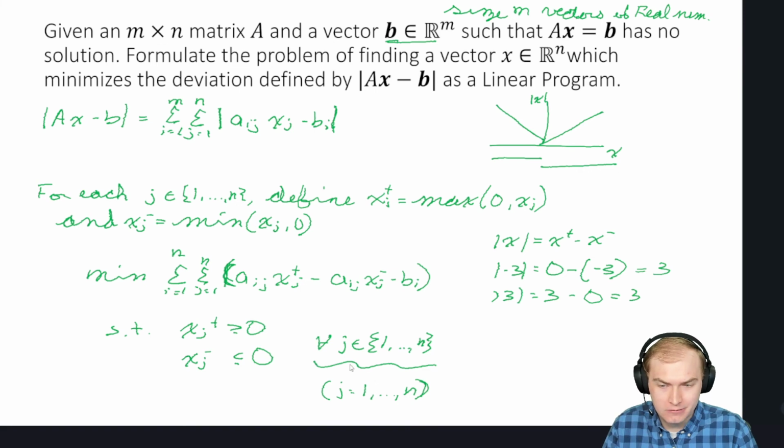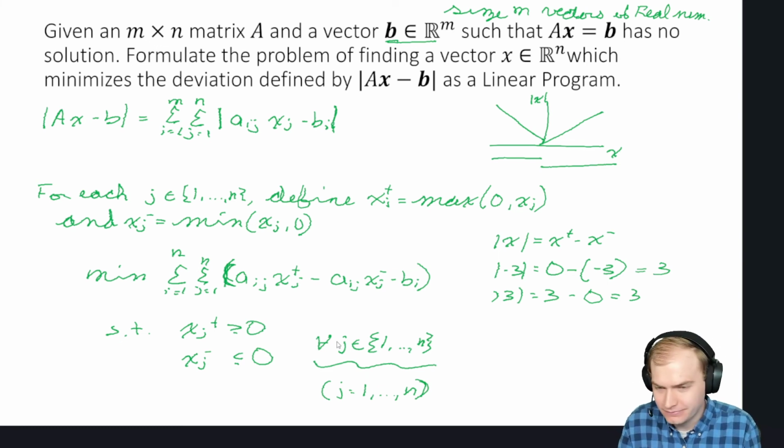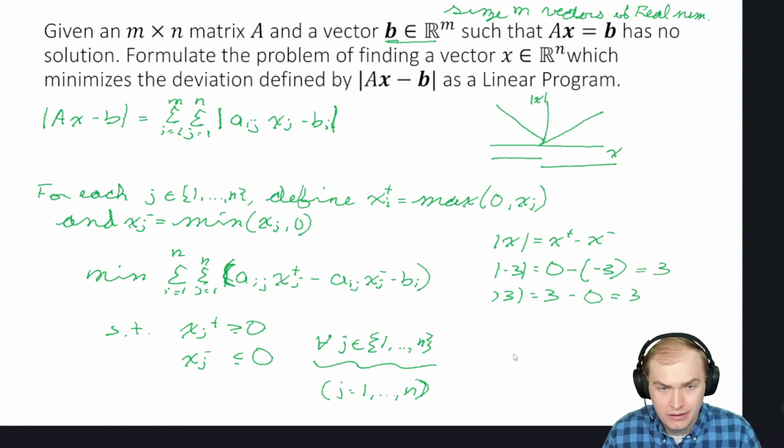Once again, math major, I like my obscure math notation. Does anyone have any questions about that? We'll be doing this kind of thing plenty this term.